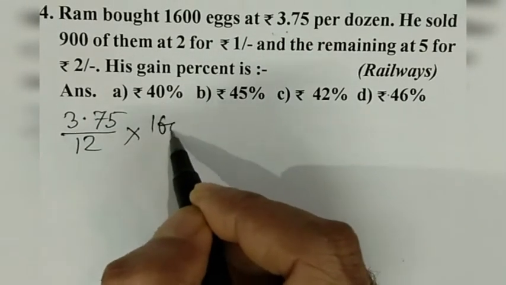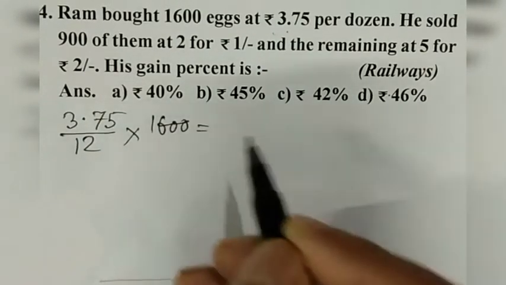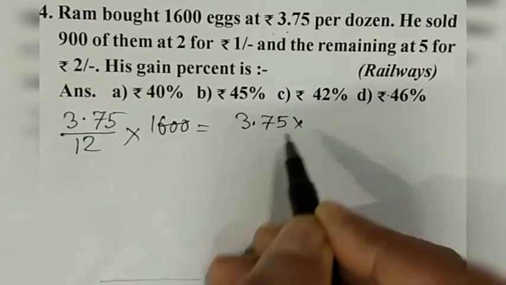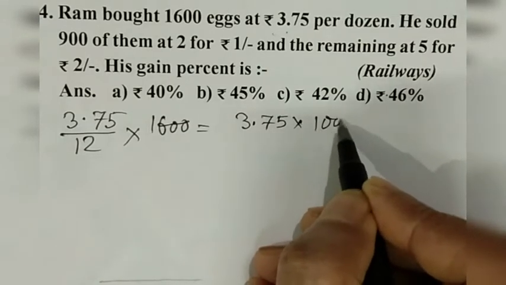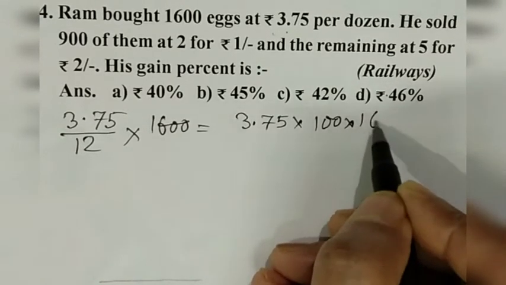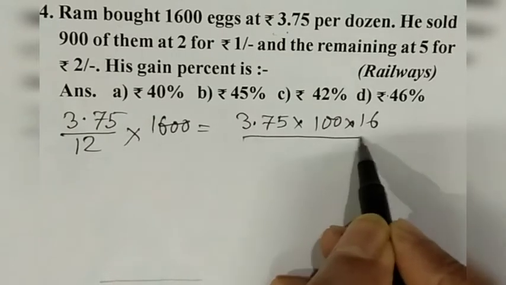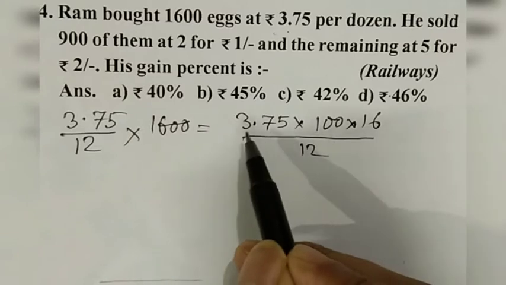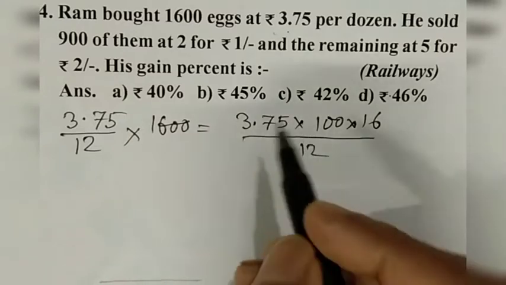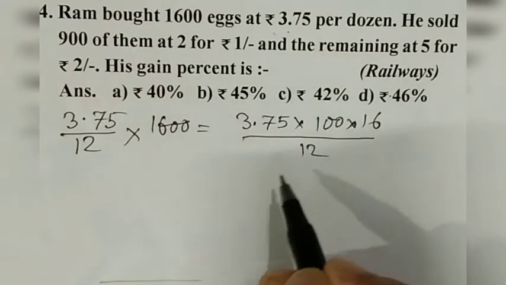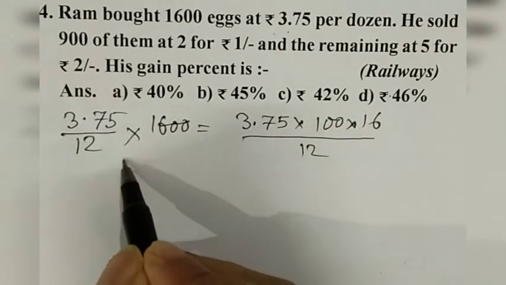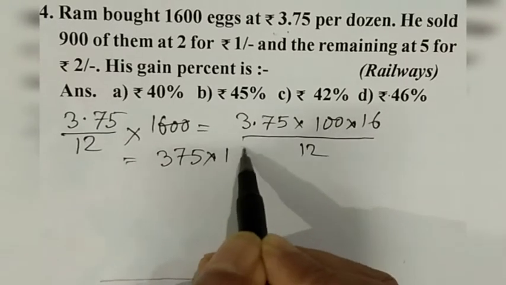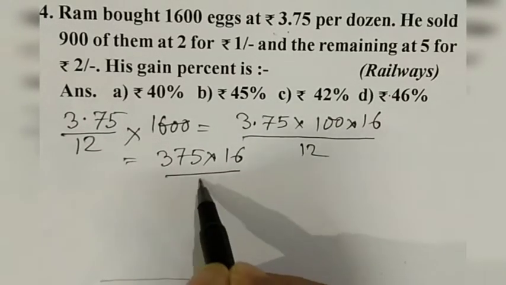Equal to 3.75 into 100 into 16 by 12. 100 into 3.75 equal to 375 into 16 by 12.